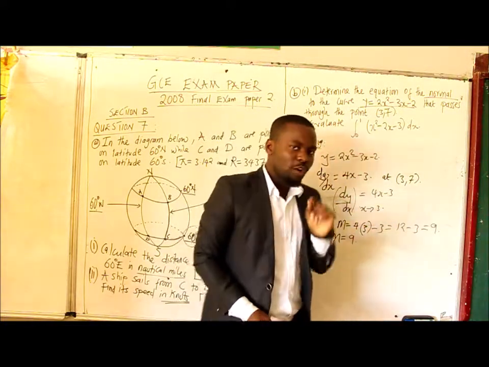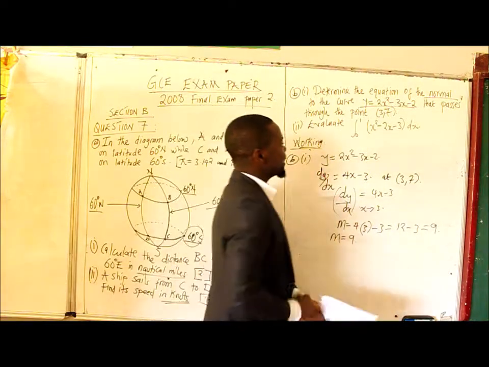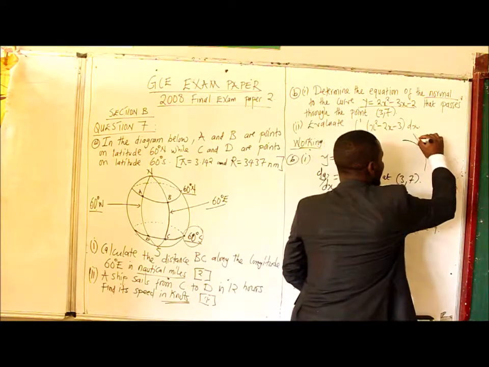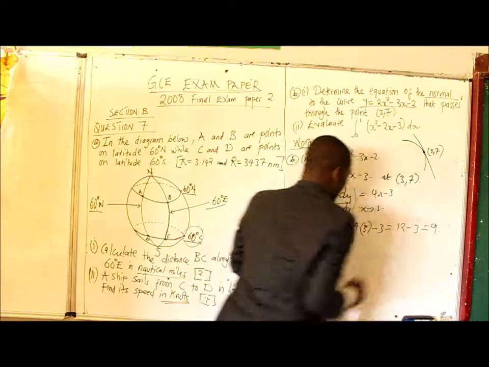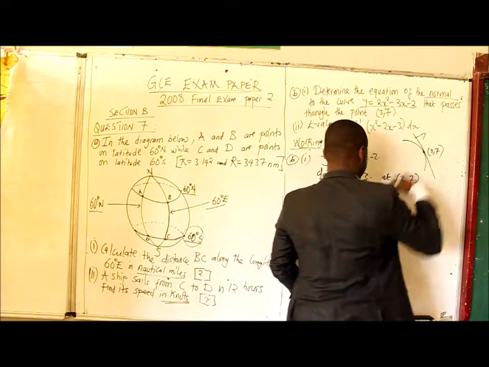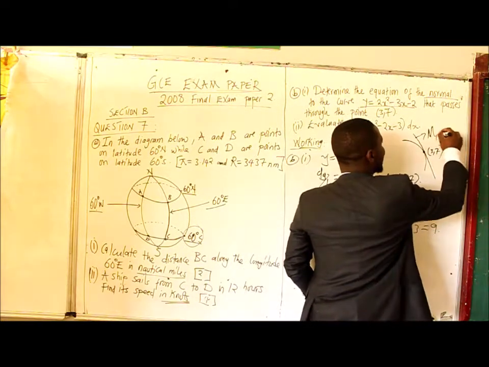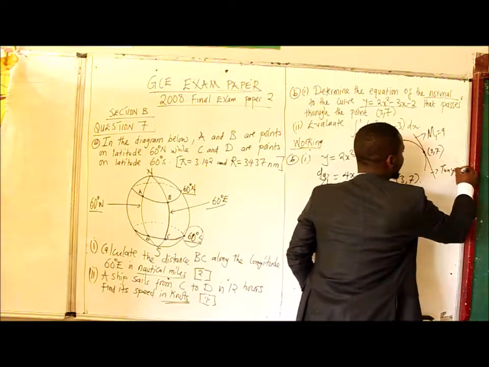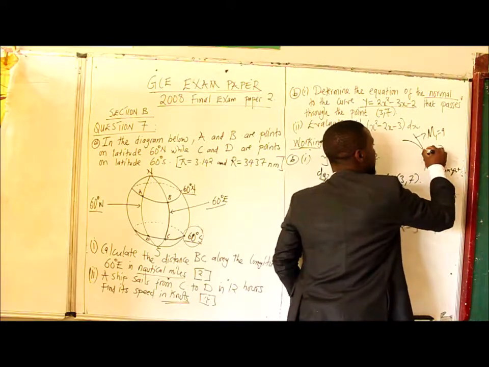Now, what you must know is this. If we have a normal, it means that this is our curve and this is our tangent. Let's assume this is (3, 7). The gradient which you have calculated here is the gradient of this tangent. Let's say gradient 1 is equal to 9. This is the gradient of the tangent at this point.